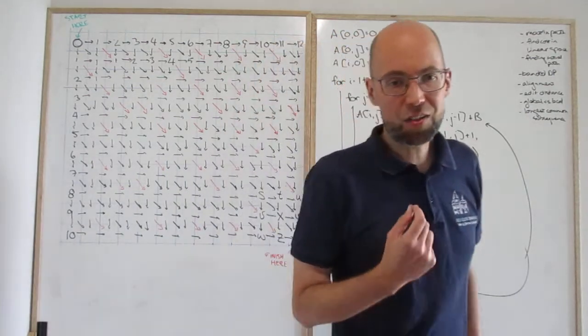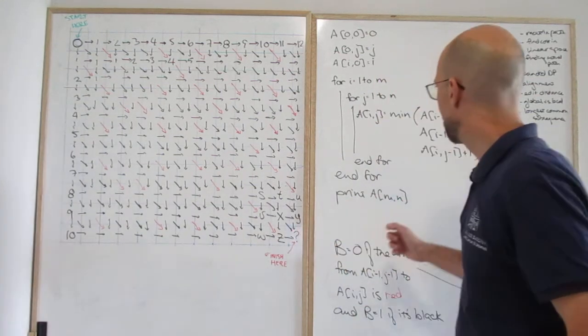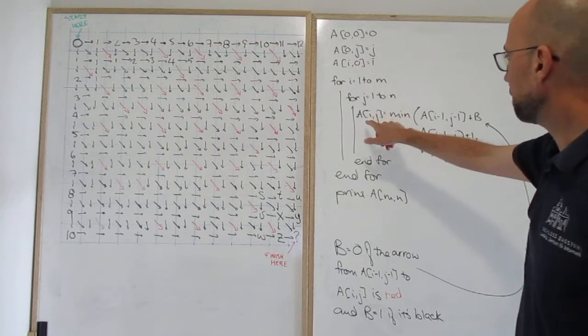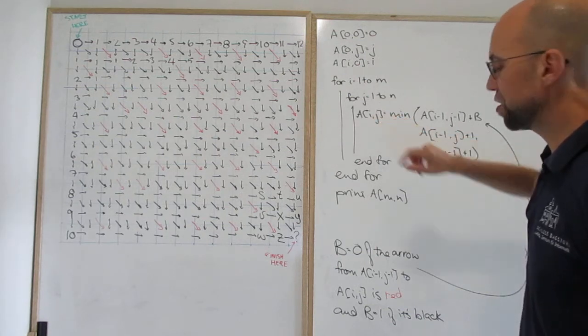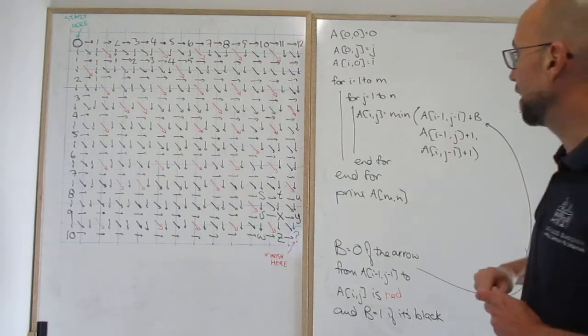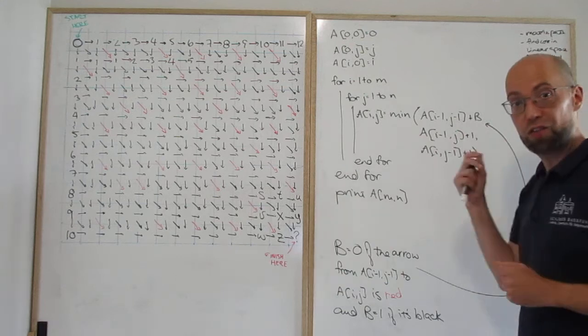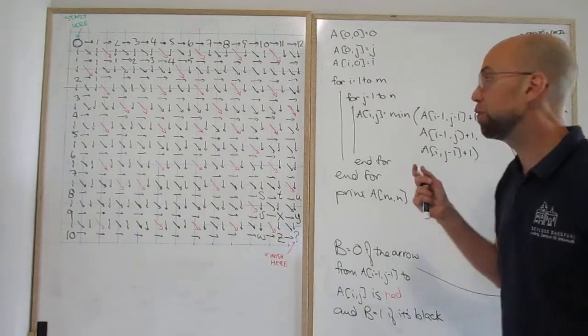Well, you could actually work that out by, when you compute A i j, also storing which of these gave you the minimum.